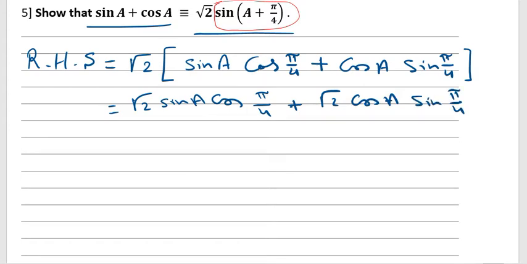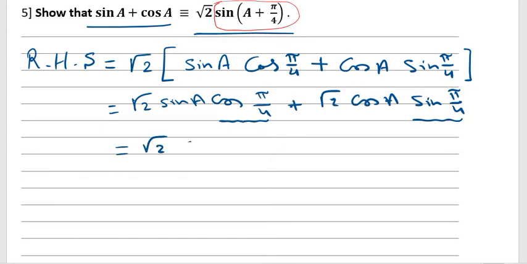As we said in the last question, after expanding, if you have a part whose angle is given as a number, calculate its value. Here we have cosine pi over 4 and sine pi over 4. Find their values.